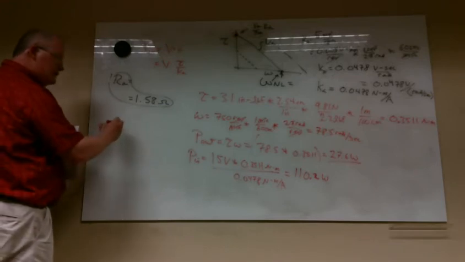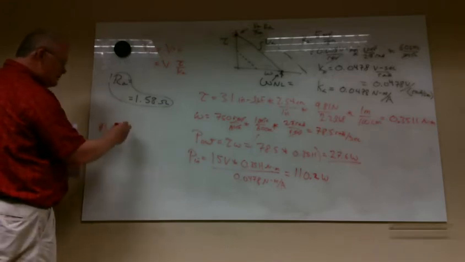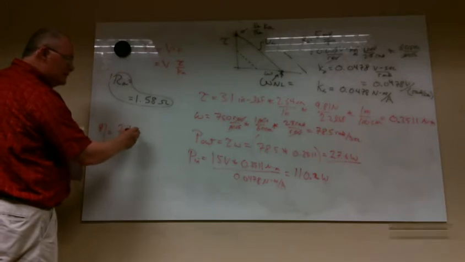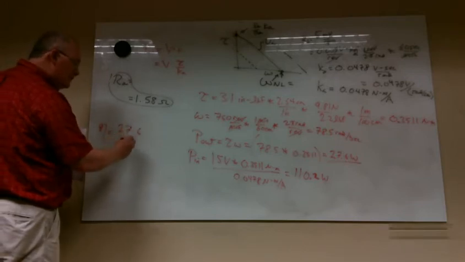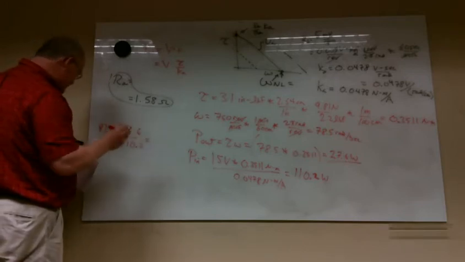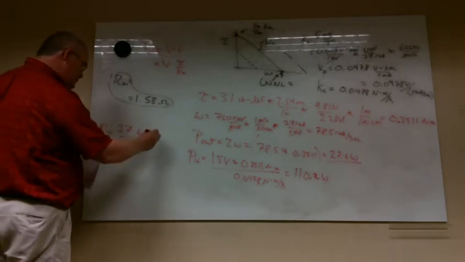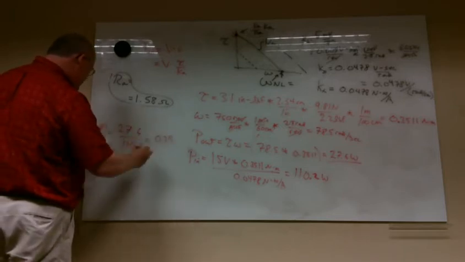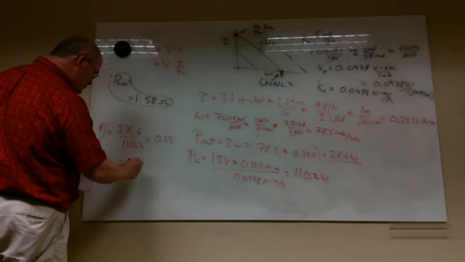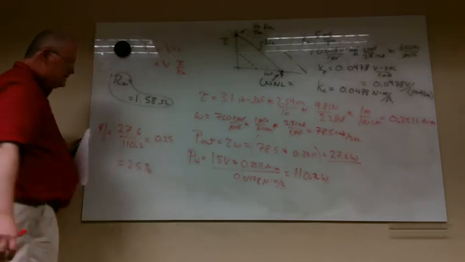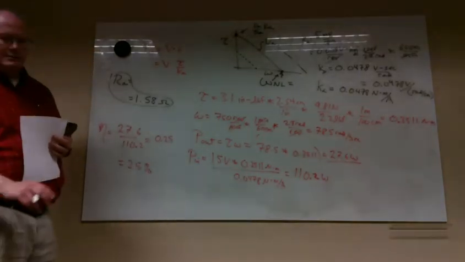Eta, or whatever efficiency is, 27.6 divided by 110.2 is equal to 0.25. You could say it's 25% efficient. That's one way of doing it.